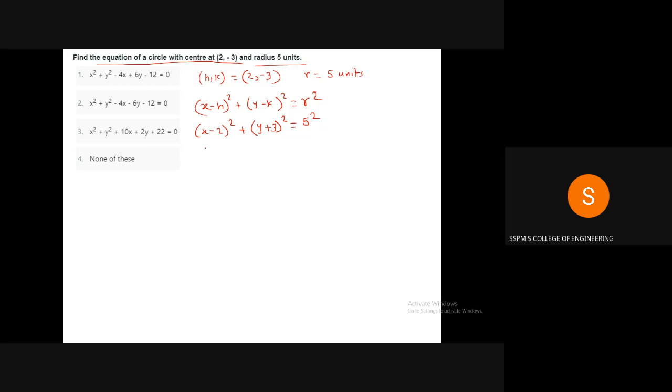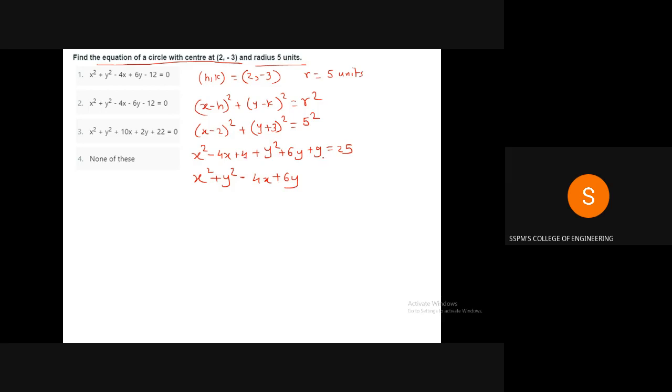Now we will expand these terms using the (a plus b) whole square and (a minus b) whole square formulas. So x minus 2 whole square is x square minus 4x plus 4, plus y square plus 6y plus 9 is equal to 25. Again we will solve this: x square plus y square minus 4x plus 6y.